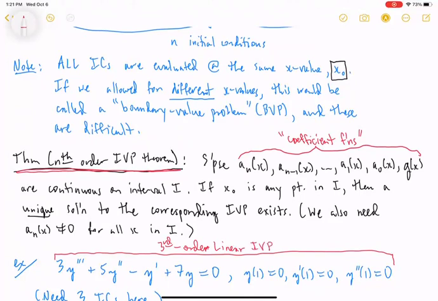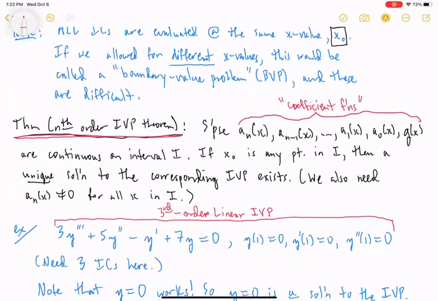Which means that the highest order derivative that we see is 3. There isn't any nonsense going on with multiplying y and its derivatives together. And I have how many initial conditions? 3. And they're given sequentially: y at some number, y prime at that same number, and y double prime at that same number. In this case, what's our x0?